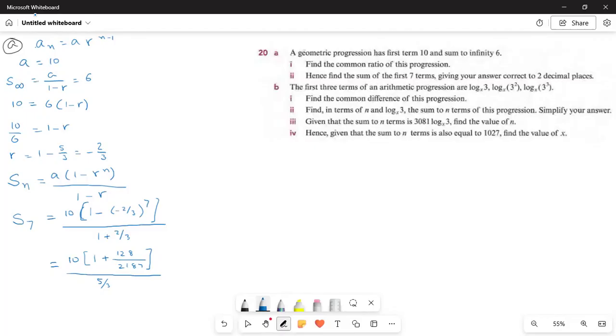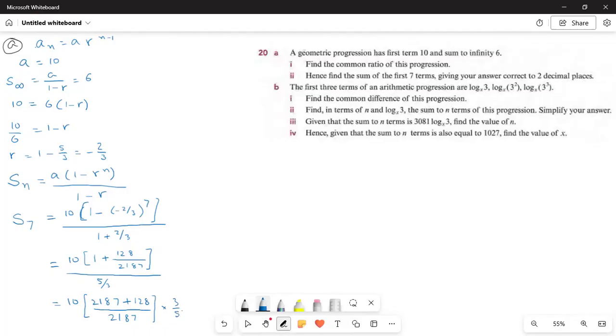Okay, so I can further write it as 10, and this will become 2187 plus 128 divided by 2187, and multiplied by 3 by 5.